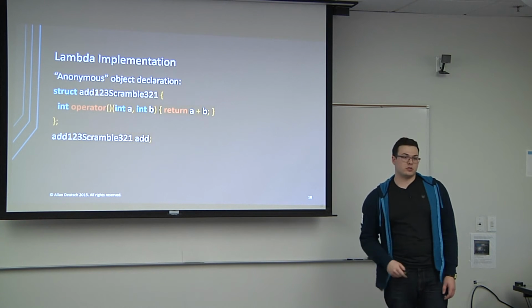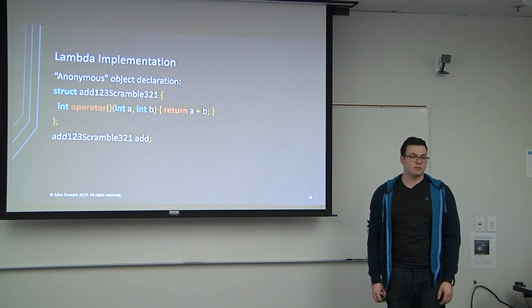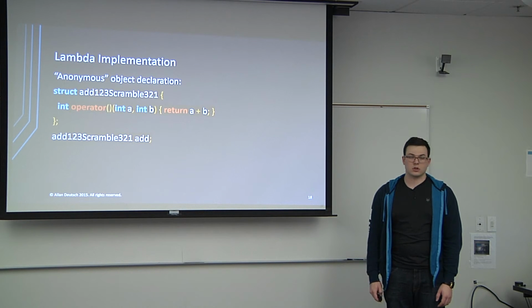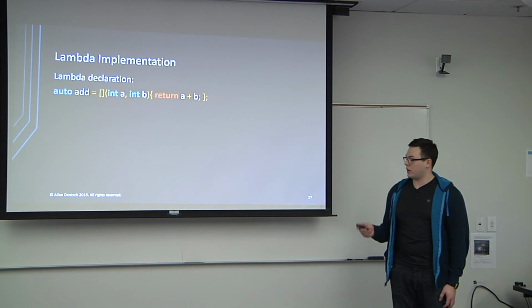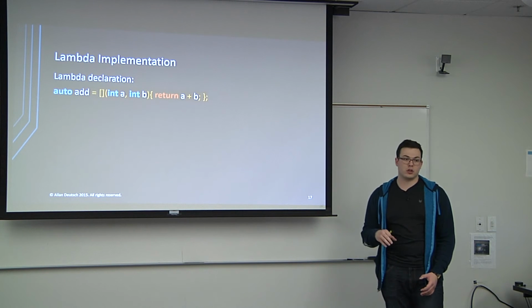So yes, question? Captured values, so that when you made that assignment to auto, those captured values, if you change them within, for example, every time you invoke the Lambda, if they change, are they maintained, for example, in the next use and use after that? Okay, so the question is, when you're capturing values, if they'll be maintained. In this case, since I'm storing it into a variable, those captures will happen when the variable is initialized.